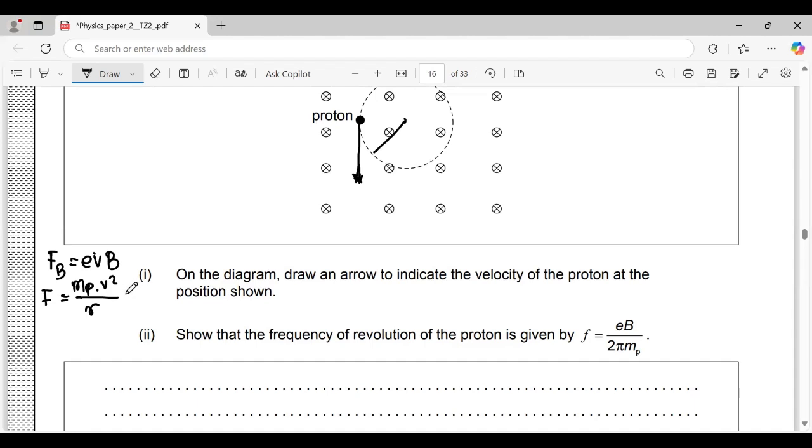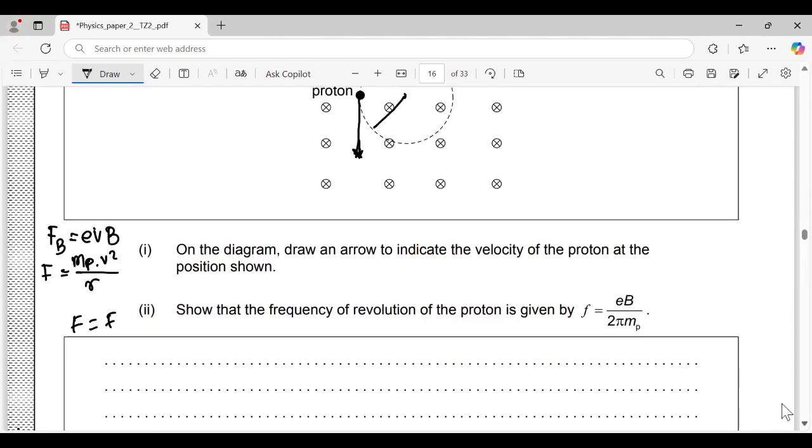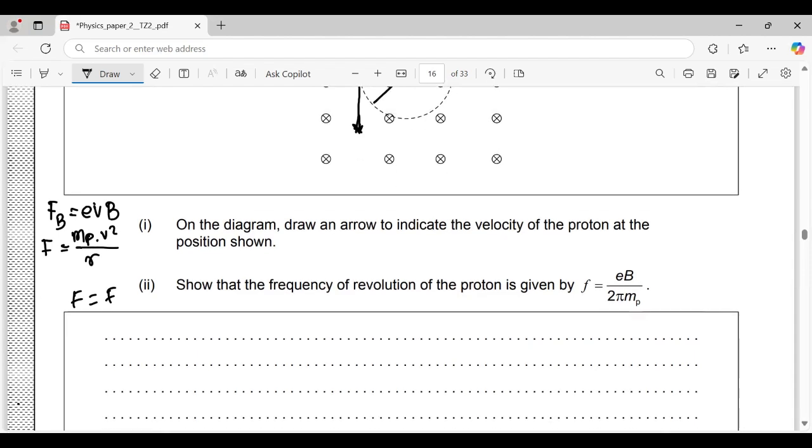So when the magnetic force provides the centripetal force, we can combine them: FB equals F, or magnetic force equals the centripetal force.